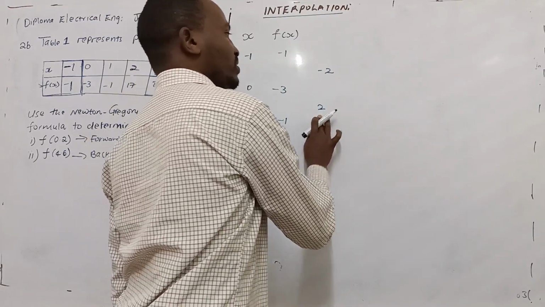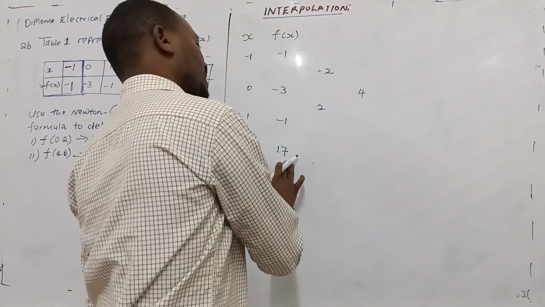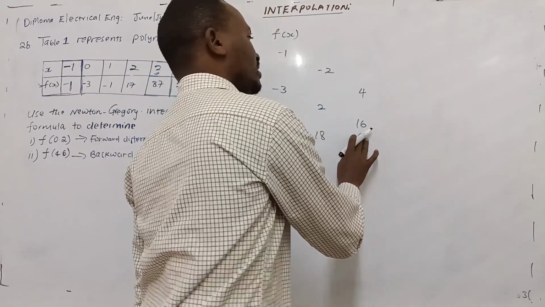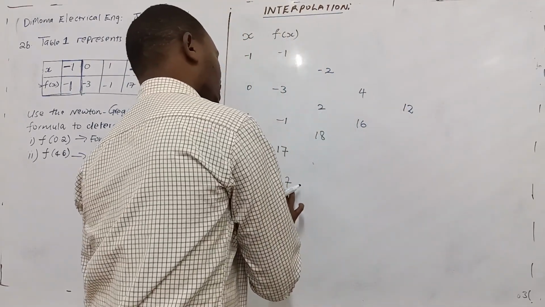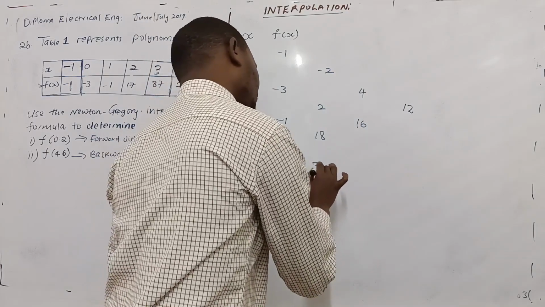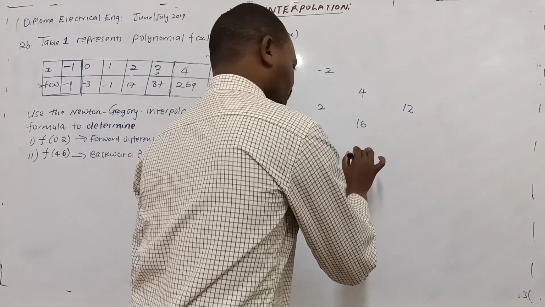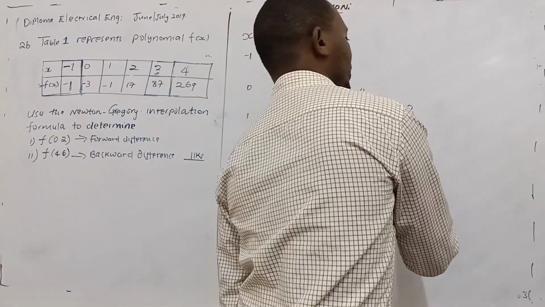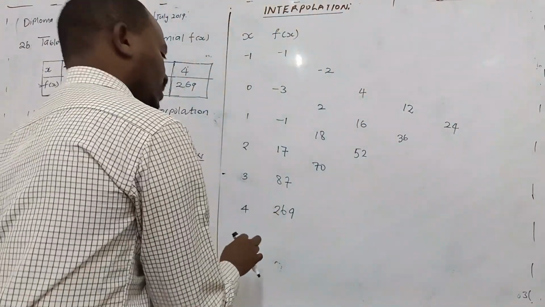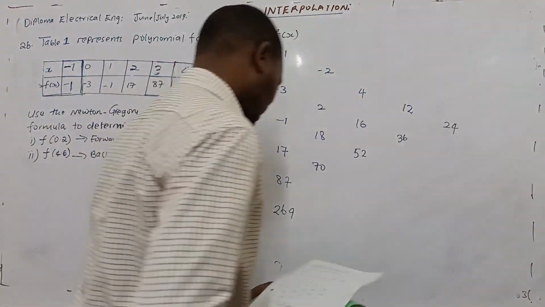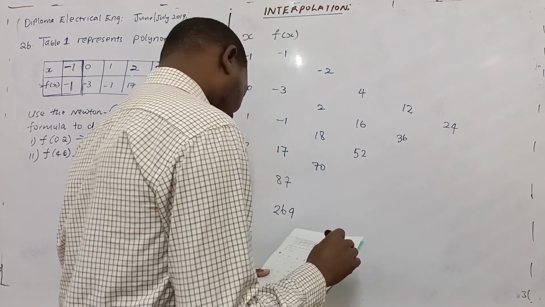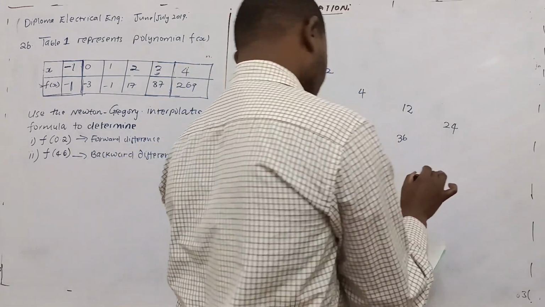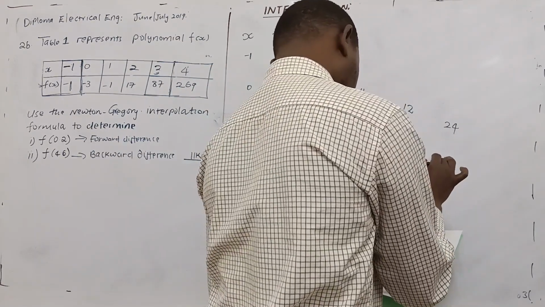Positive 2 minus 2 is 4. 17 minus 1 is 18. 18 minus 2 is 16. 16 minus 4 is 12. 87 minus 17 is 70. 70 minus 18 is 52. 52 minus 16 is 36. 36 minus 12 is 24. 269 minus 87 is 182. 182 minus 70 is 112. 112 minus 52 is 60. 60 minus 36 is 24.